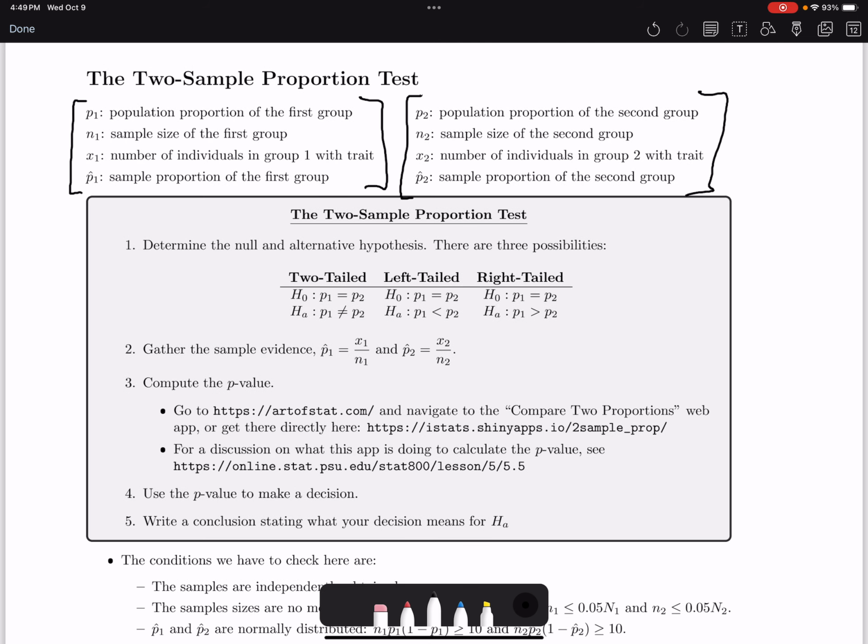And by the way, I'm not going to give you the reasoning behind how the apps that we use are computing these p-values for us, but I will provide you links so that if you're curious and interested to know, you can look it up. But okay, so let's go through the hypothesis testing steps for a two sample proportion test.